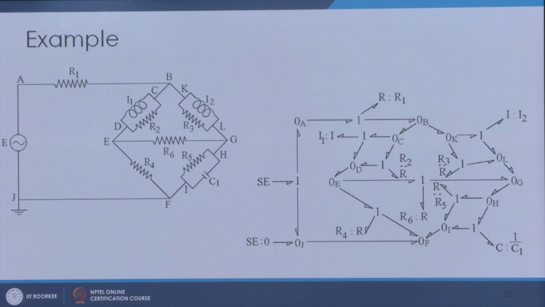Now, to draw the bond graph model for this system, as I said, first we identify the ends of the elements. So, say this resistor R, its end is A, so I mark 0 A here.